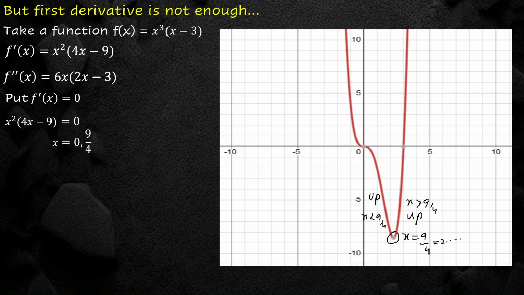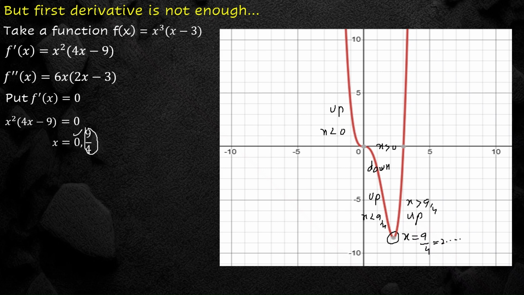Therefore 9 over 4 is not a point of inflection. x is equal to 0 is a point of inflection, because when x is less than 0, the curve is concave up. When x is greater than 0, the curve is concave down.